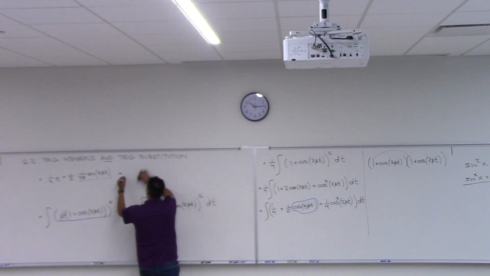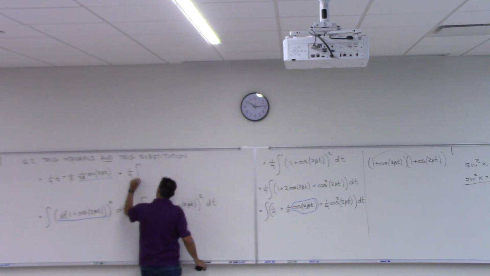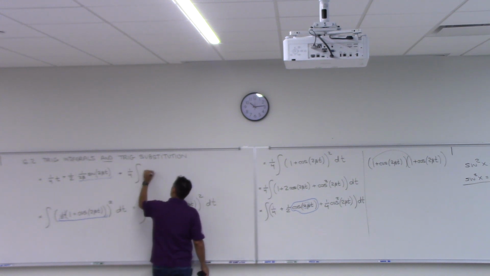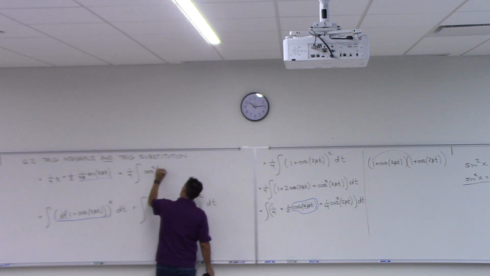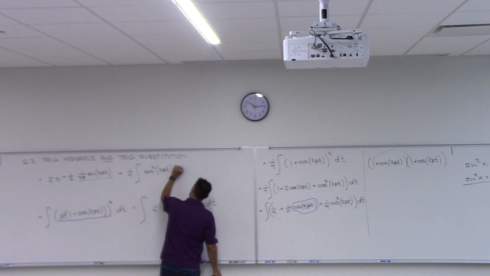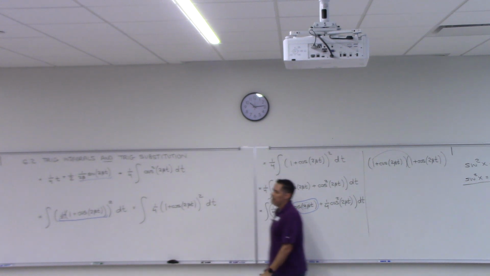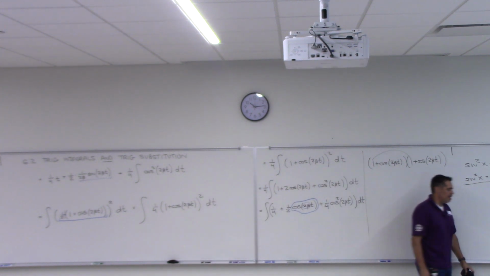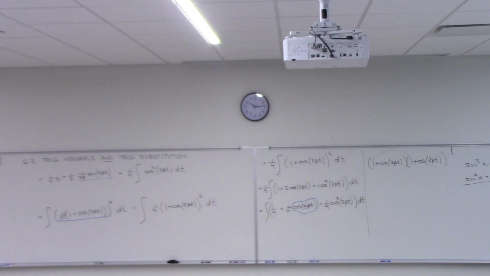Plus 1/4 integral of cosine squared of 2 beta t dt. Okay, I'll pause for a second. Any questions on where I am, how I got any of what's on the board there? No?